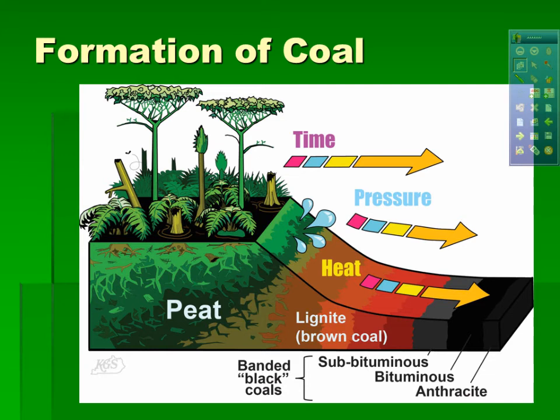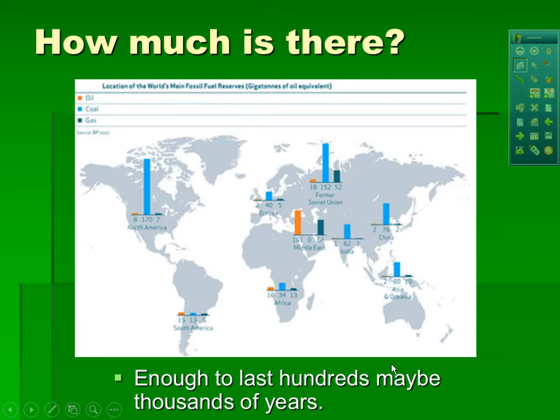So this is the formation. Again, remember, you start with the living material, and over time, over pressure, over heat, you turn into, so you can see where you would start with the peat and then move into the subbituminous, bituminous, and anthracite. Okay, huge amounts of coal available, hundreds, thousands of years, tons and tons and tons of it, all stored.